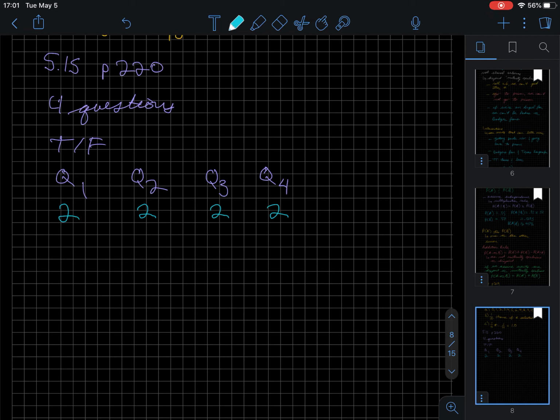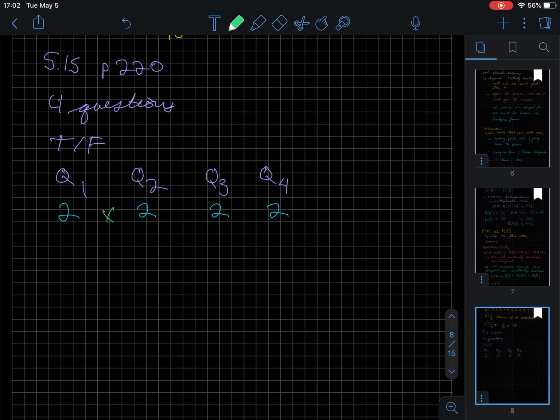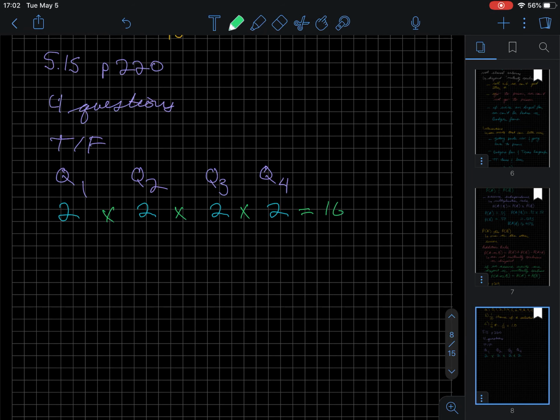So how would we solve this? The first thing we would do is multiply these. 2 times 2 is 4, times 2 is 8, times 2 is 16. So there are 16 possible outcomes.